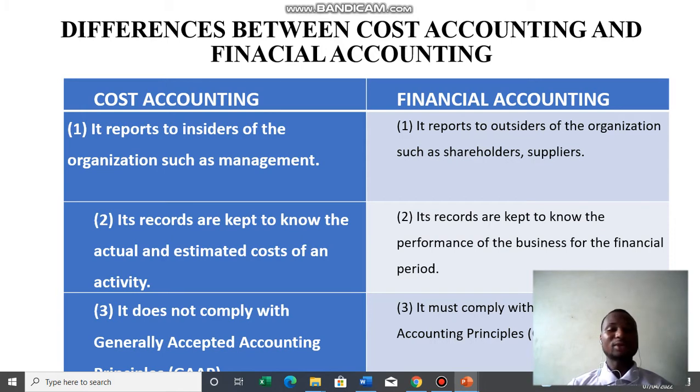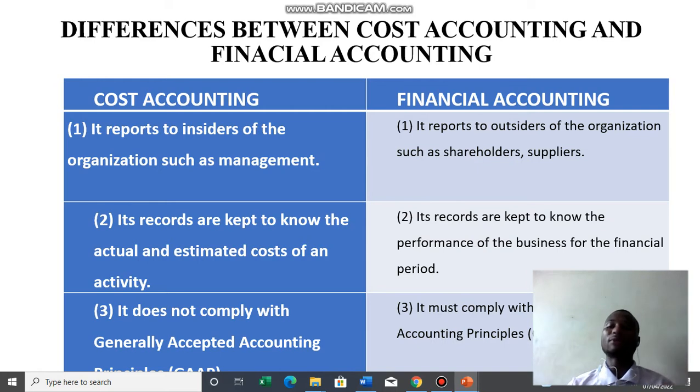Another difference between the two is that cost accounting records are kept to know the actual and estimated cost of an activity, like we have been discussing. We want to know how much it costs us, and what estimate we have made, so we can make cost comparison. Unlike that, financial accounting is about the performance of the business. Are we making profits or losses? What is our financial position currently?